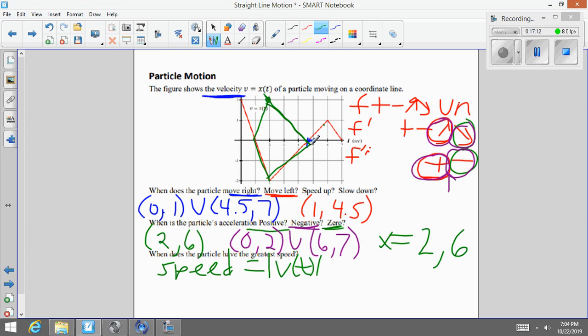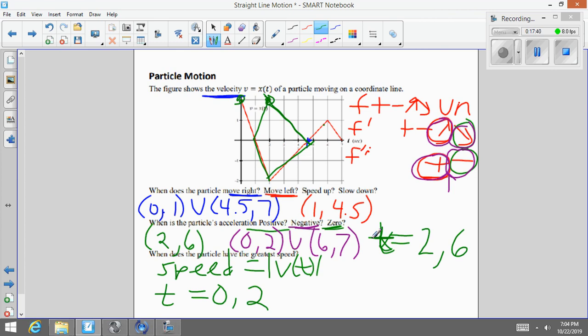We're basically just looking for the absolute maximum, and the absolute maximum value is 2, but that's occurring when t equals 0 and also when t equals 2. That's reminding me that I should have used a t here instead of an x.